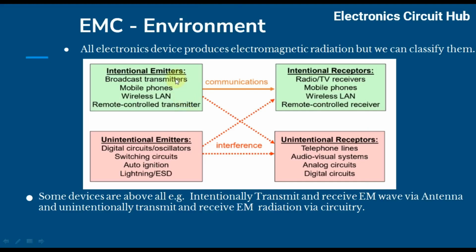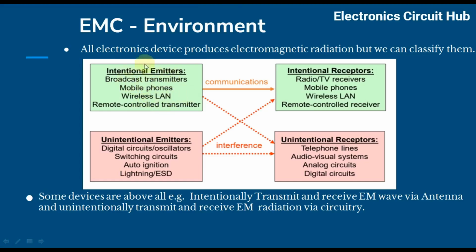So what is electromagnetic environment basically? All electronic devices produce electromagnetic radiation but can be classified into these parts. Some electronic devices are intentional transmitters, intentional emitters, like broadcast transmitter, mobile phone, wireless LAN, remote control transmitter.